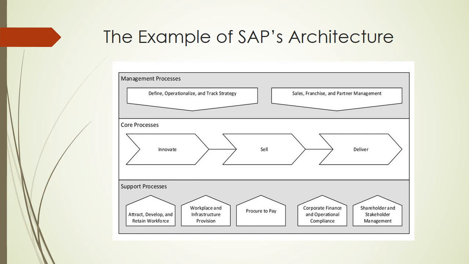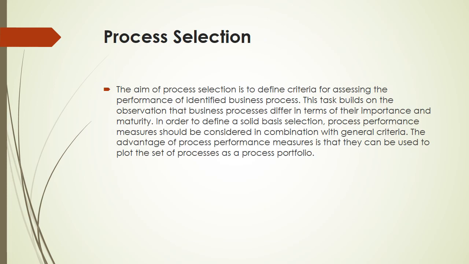The figure shows the model of level 1 of SAP's process architecture. It distinguishes 10 major processes: 2 in the category management processes, 3 in the core processes, and 5 in support processes. And the next thing in the process identification is the process selection.